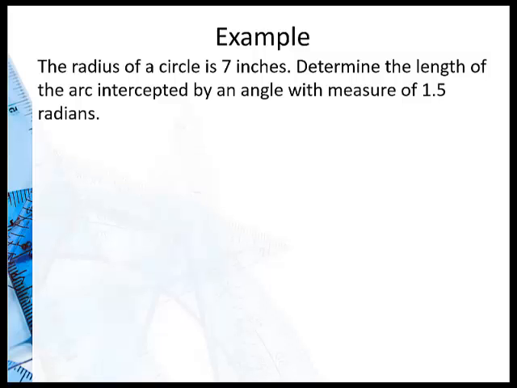In this example, we're going to look at the radius of a circle. We know the radius of a circle is 7 inches, and we're going to determine the length of the arc intercepted by an angle with a measure of 1.5 radians. So first of all, if we look at the formula that I had on the previous slide, if you struck out the 2 pi on both sides, you end up with arc length over radius equals radians.